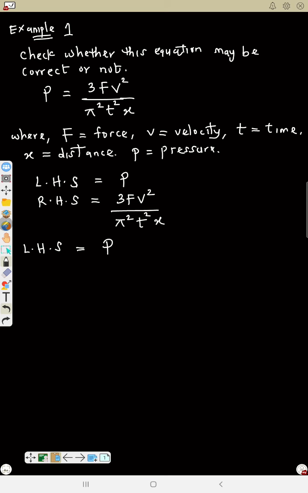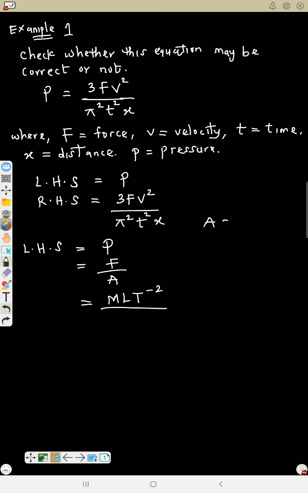What is the dimension for pressure? We've already talked about pressure in the first video on dimension. We know that pressure is force over area, and we have already done the dimension for force. The dimension for force is MLT raised to power minus 2, divided by area, which is a kind of length.